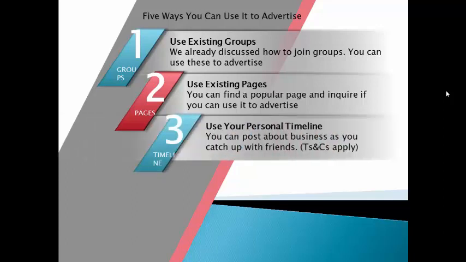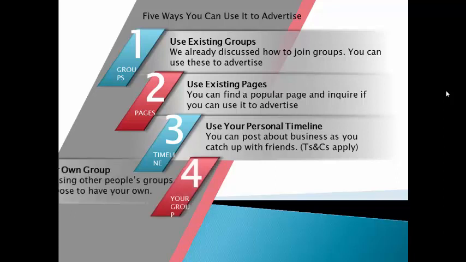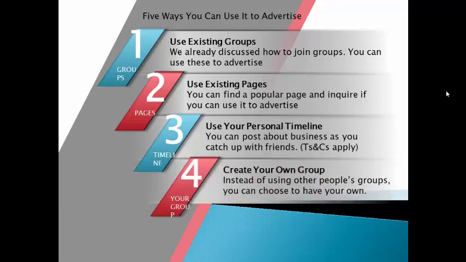You can use your personal timeline. After you've added a number of friends, you can share something that has to do with your business. But please note that there are certain terms and conditions that Facebook has that restrict the use of personal timeline for business. So you need to know about those so that you are sure that you're doing it the right way.